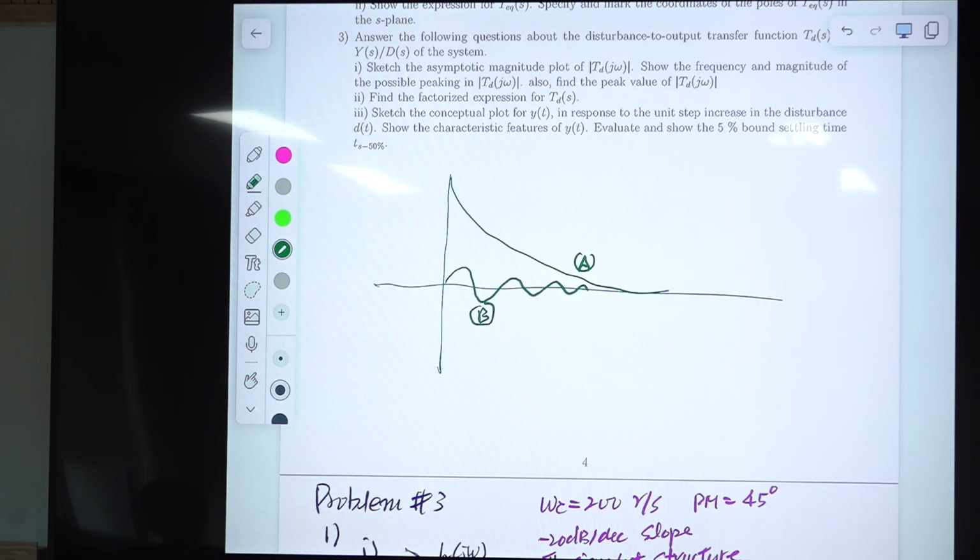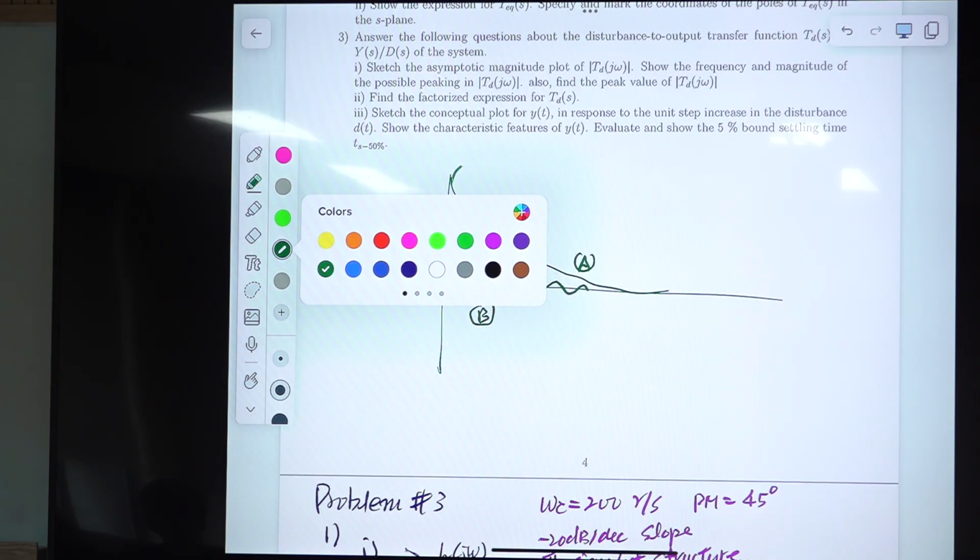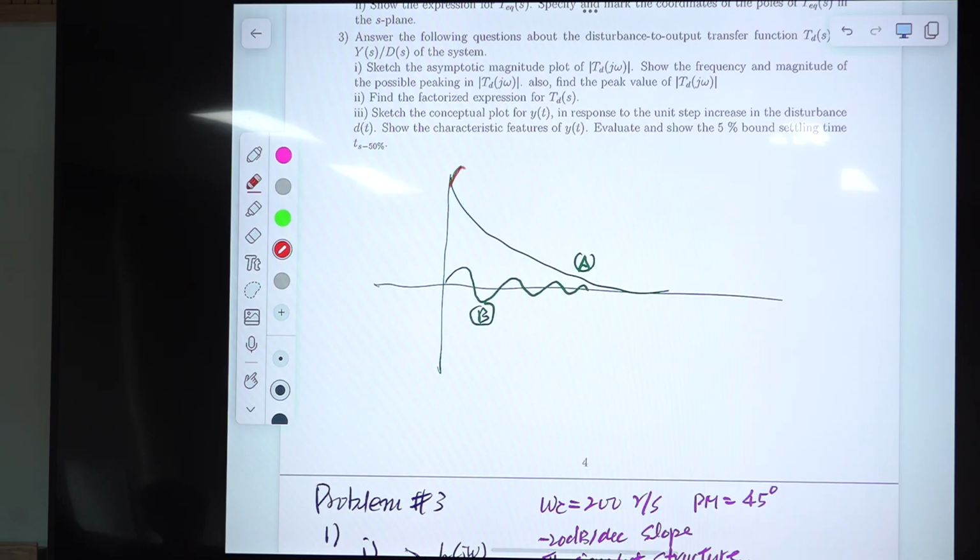The final result, A plus B, is something similar to this. Let me use this color. Something similar to this. Okay, but this time constant is determined by the dominant pole.